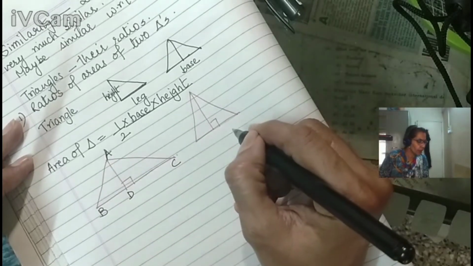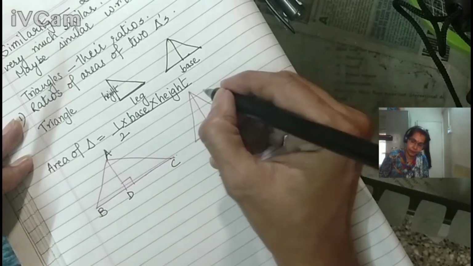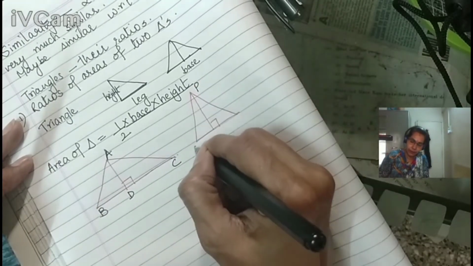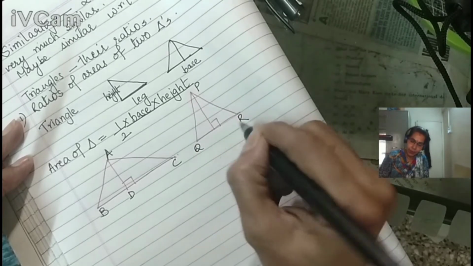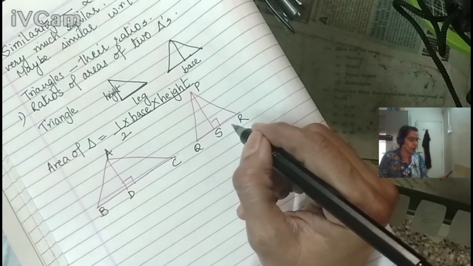AD is the height, and BC is the leg or the base. Then we have another triangle PQR. PS is the height and QR is the base.